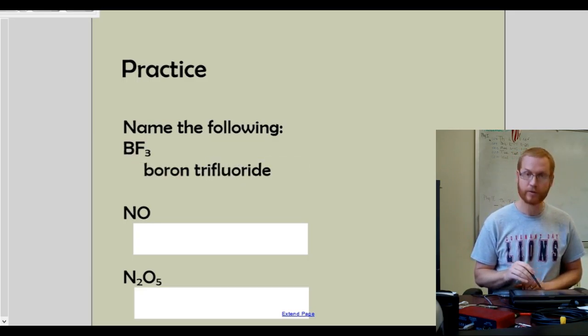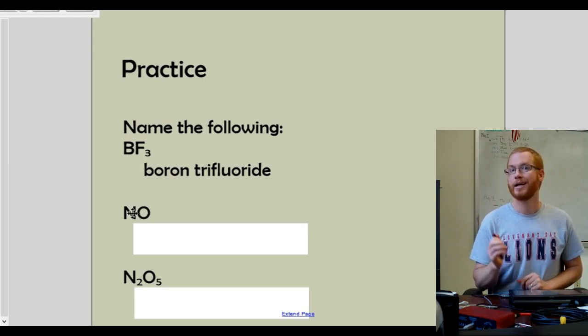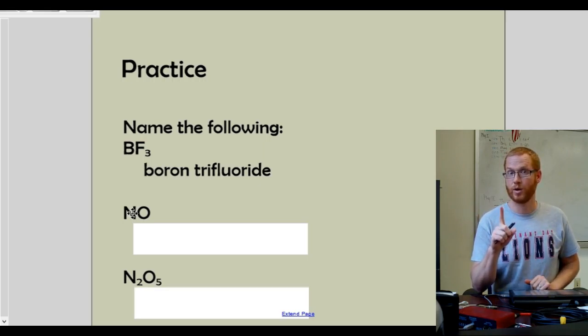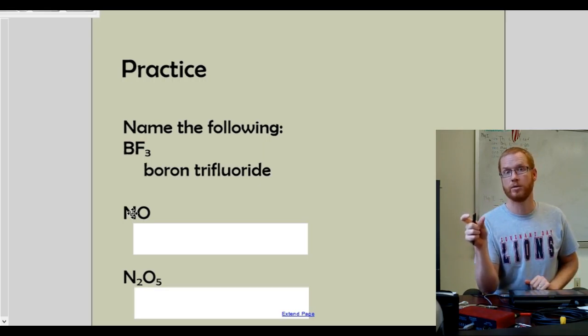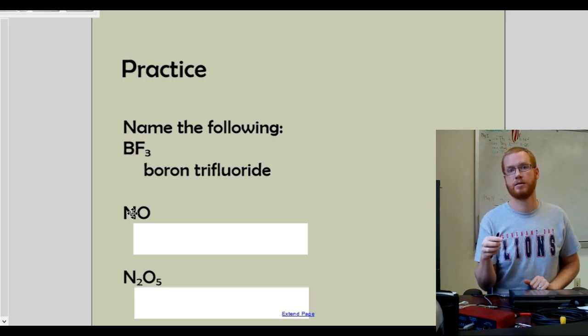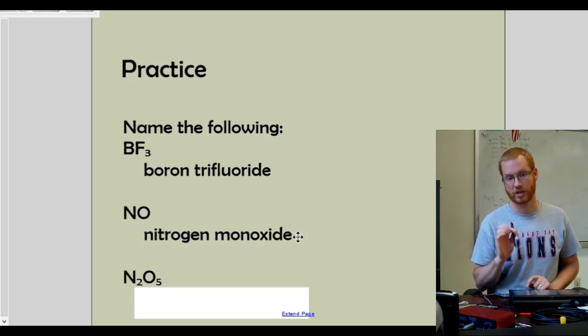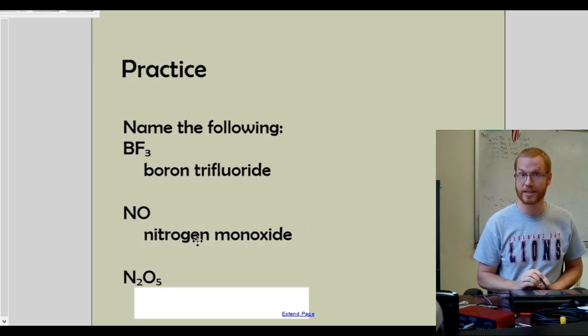NO, 1 nitrogen, so nitrogen. Now, 1 oxygen. Again, on the second element, there's always going to be a prefix. But because there's only one, then the prefix is mono, but monooxide is kind of weird to say, so we just call it nitrogen monoxide. Notice a couple things. First, you don't change the ending of the first name.